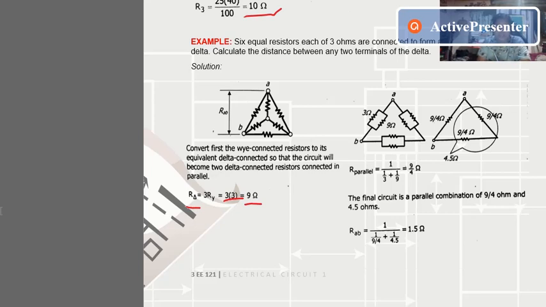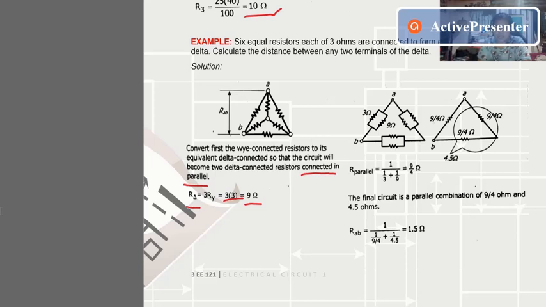So to convert first the Y connected resistor to its equivalent delta so that the circuit will become two delta connected resistors connected in parallel. So giingon dire, nanatay answer 3 ohms and 9 ohms.